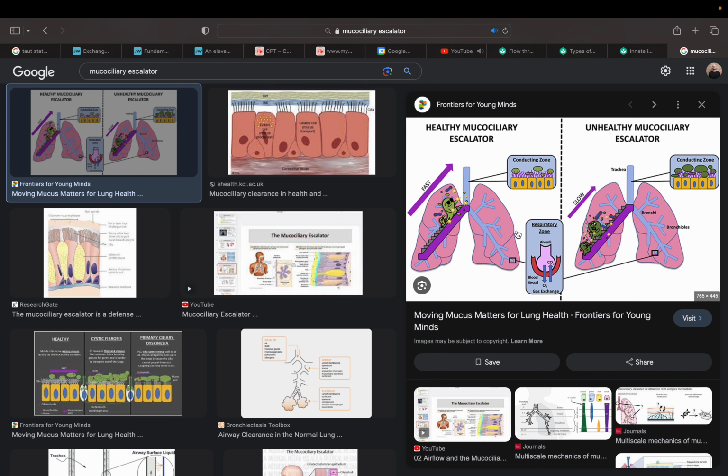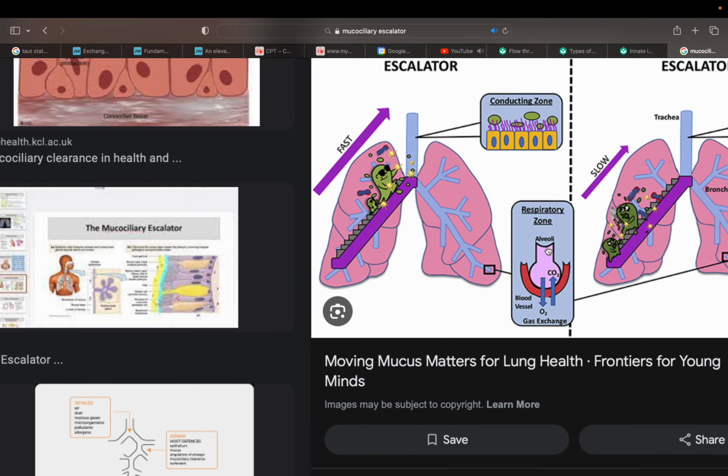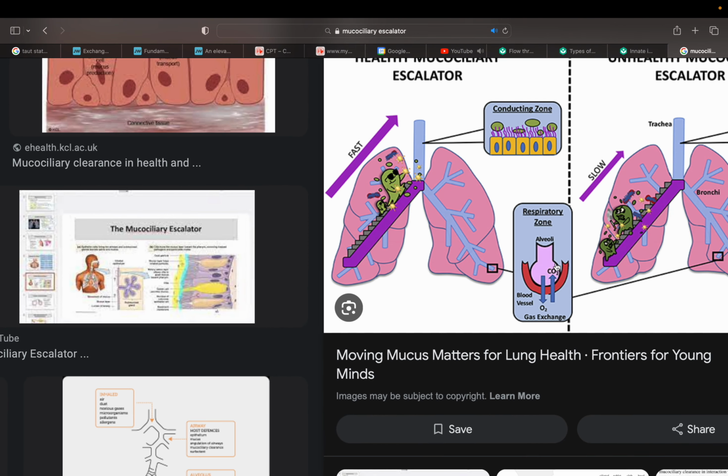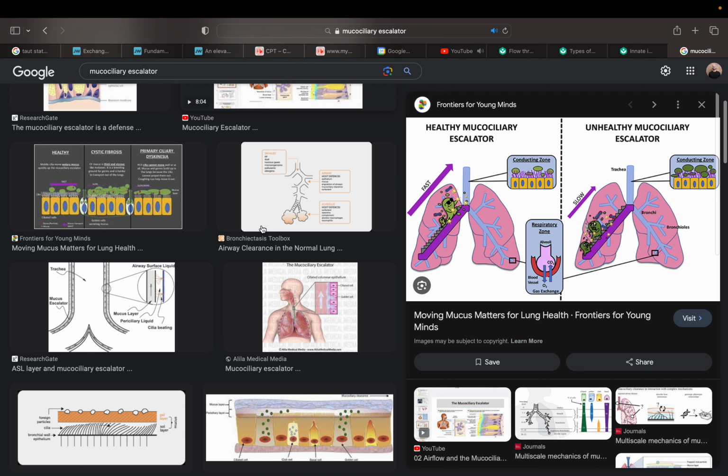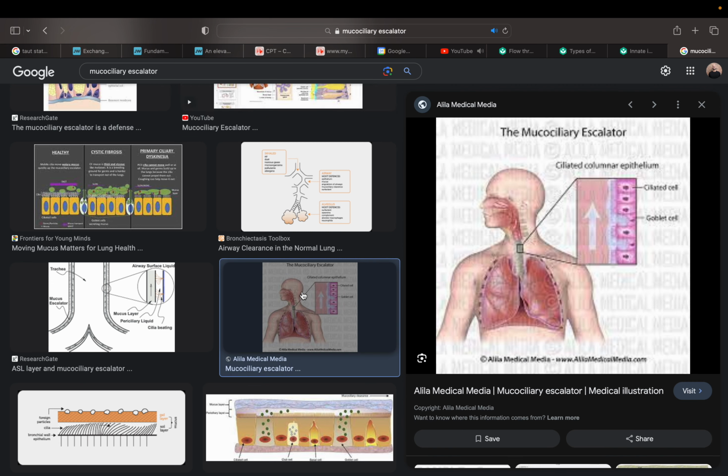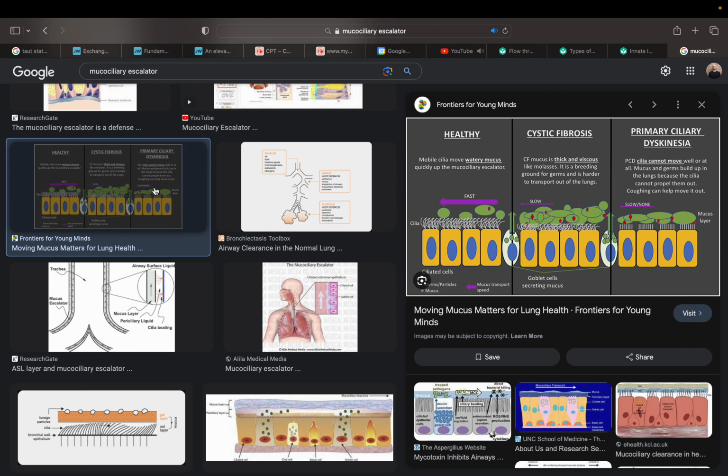The respiratory zone is at the end, where the alveoli are exchanging O2 and CO2 with the blood vessels. Apparently in cystic fibrosis, the goblet cells secrete mucus. So it is the goblet cells that secrete mucus.